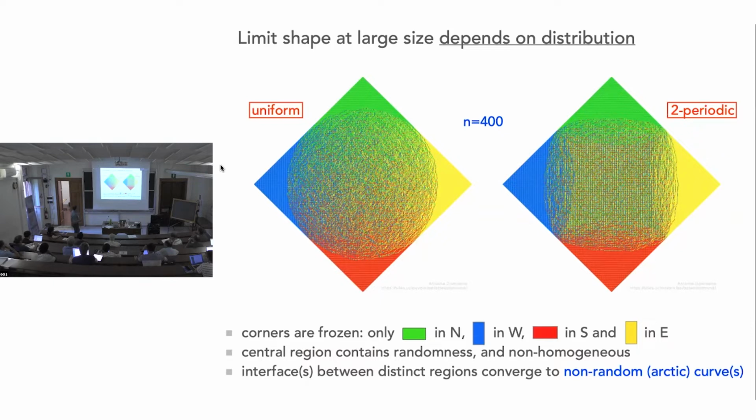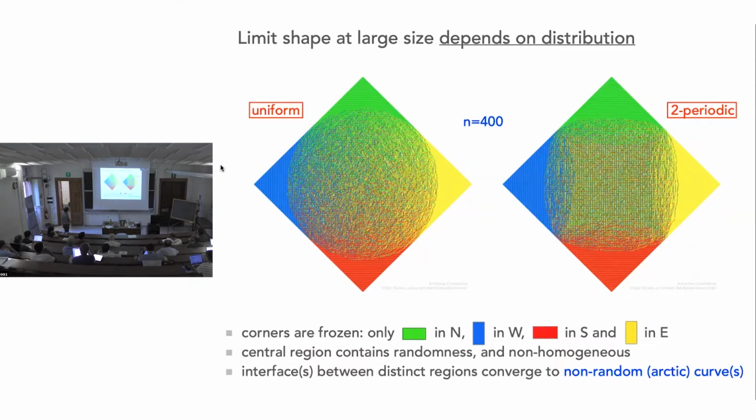And what we can also see is that when n gets larger and larger, the interface between the frozen region and the central region gets sharper and sharper. And on the left, for instance, when the order goes to infinity, this interface converges to a circle, which is the result of the famous Arctic circle theorem.